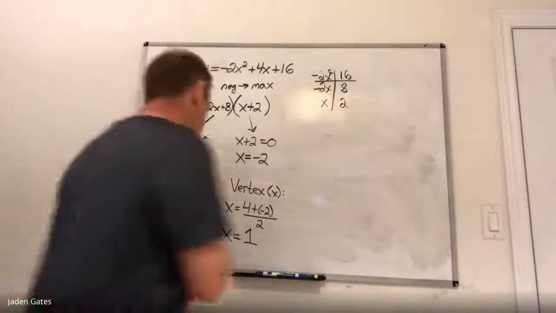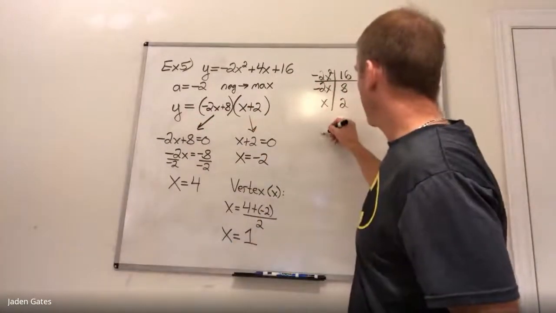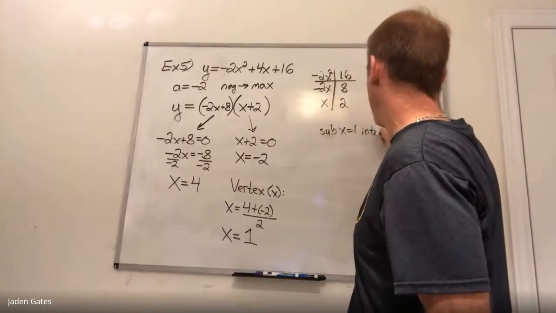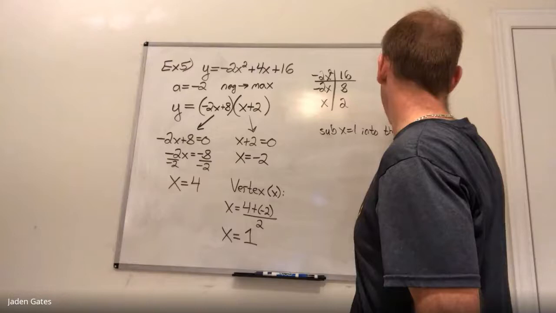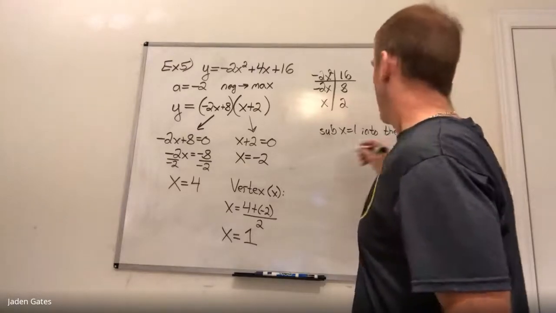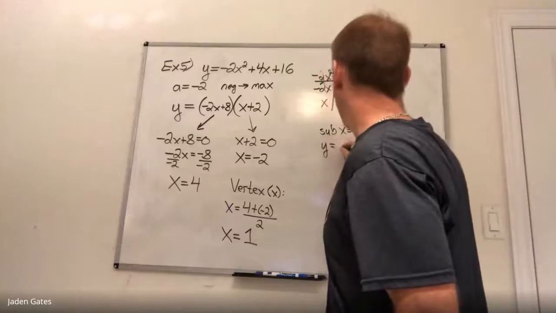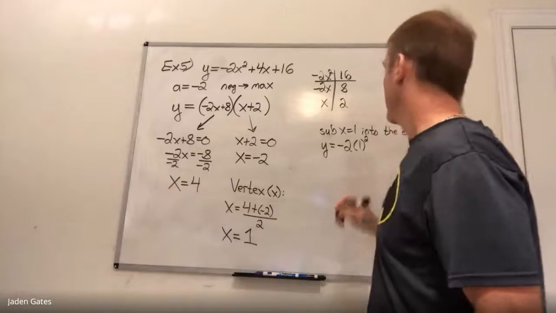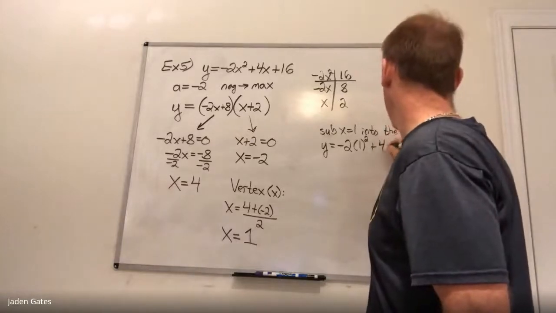But again, just like we did when we were graphing, I'm going to sub x equals 1 into the equation to find my y. All right, so we got y equals -2, and then it's x squared, so it's going to be 1 squared, plus 4 times 1.